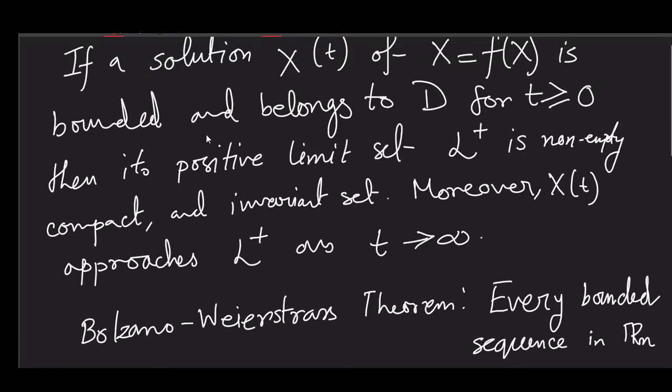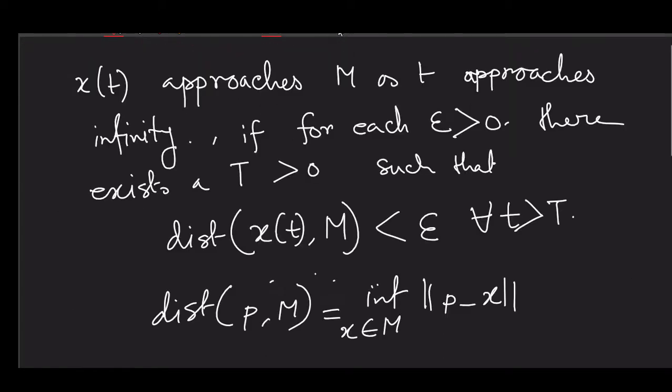L plus is non-empty means we have to prove that the positive limit set L plus is a non-empty, compact and invariant set. So what is the definition of L plus? For our reference, let us quickly revisit the concept of L plus.